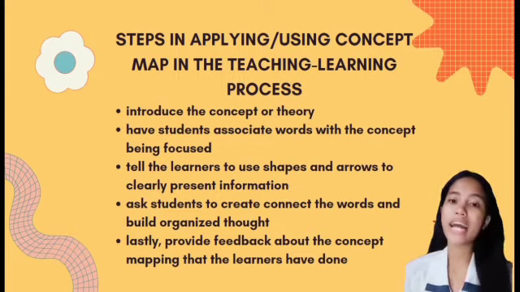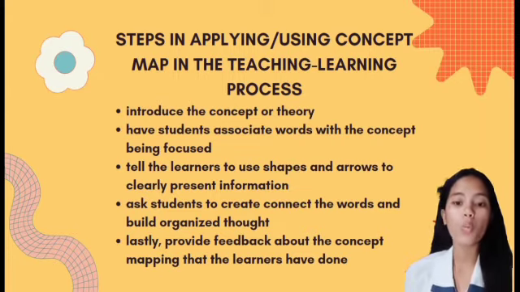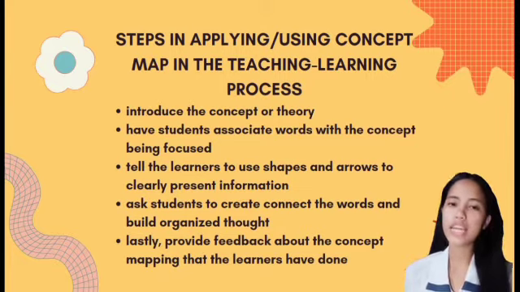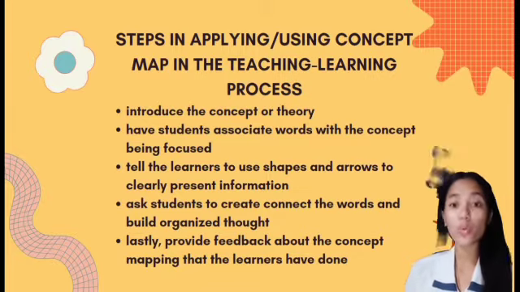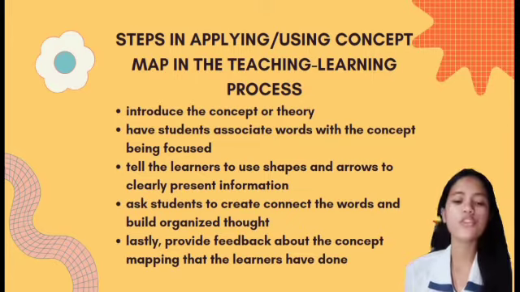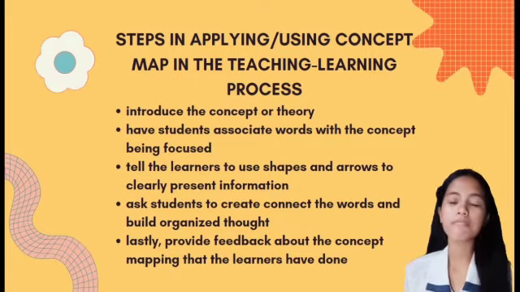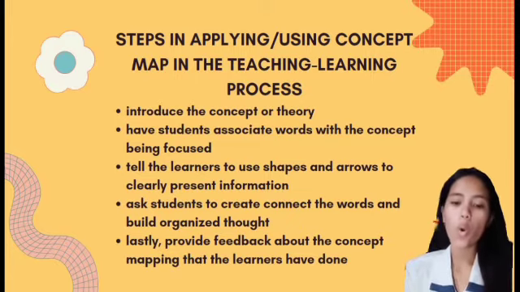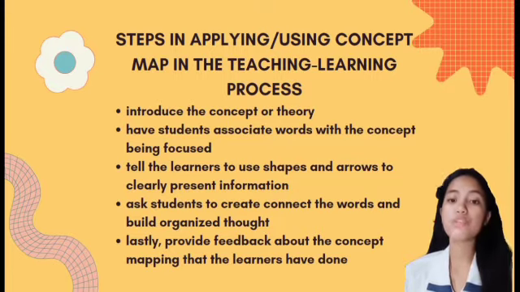Second, the teacher asks students to give words which they can associate with the concept being focused on. For example, literature can be associated with the words language, text, stories, and many more. So the third step is that teachers will instruct learners to use various shapes and arrows to clearly see or provide connection of the words to the main concept.